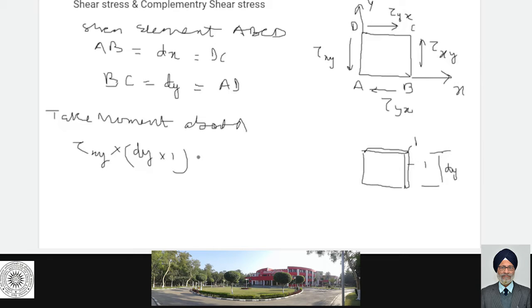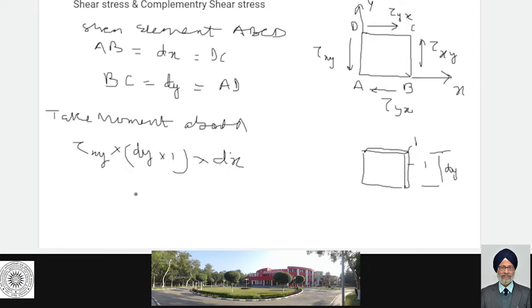This is a force, and if we take the moment about A, this is multiplied by dx. So this is a moment and it is in the clockwise direction.